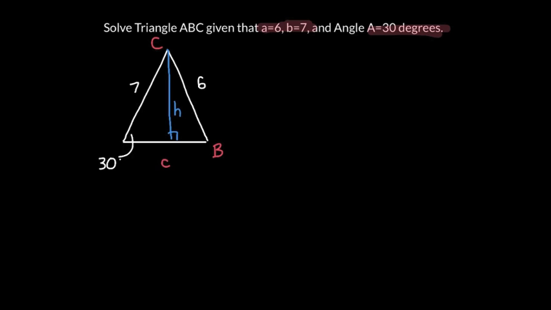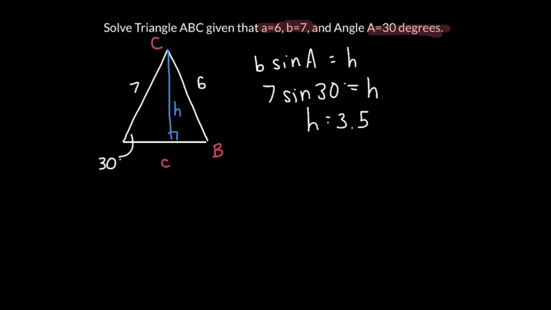First, we should check to see how many triangles can be formed with the given information. We can use little b times sine of angle A to find the height. So 7 times sine of 30 degrees equals h. After evaluating this, you get h equals 3.5.